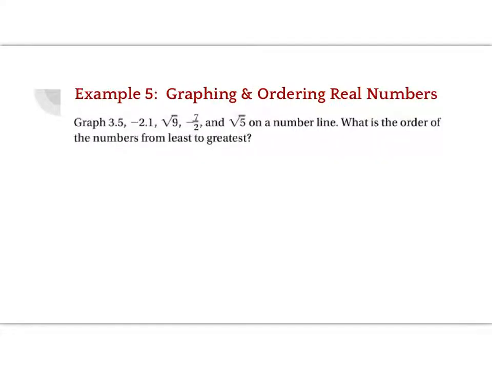Graphing and ordering real numbers is our next example, example 5. If we want to graph these numbers, first we need to order them, just like we did before, so we're actually going to compare. So first thing I know is that negative numbers are smaller than positive, so I'll take a look at negative 2.1 and negative 7/2.